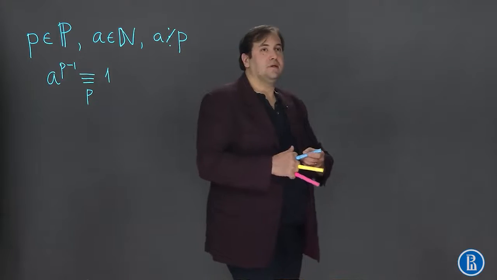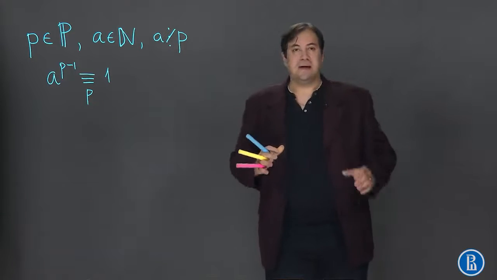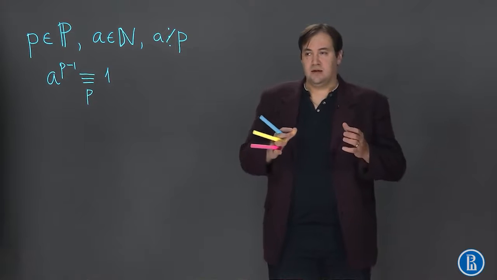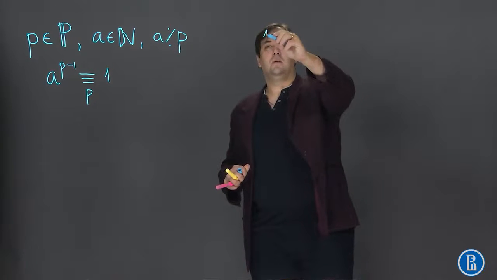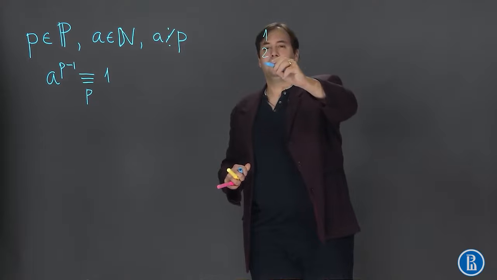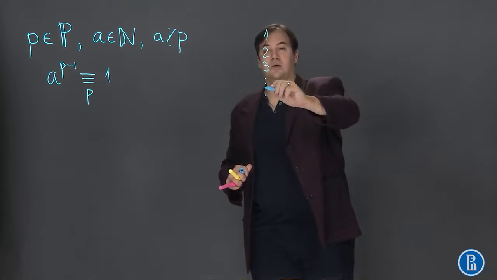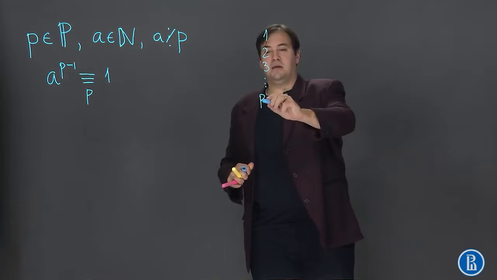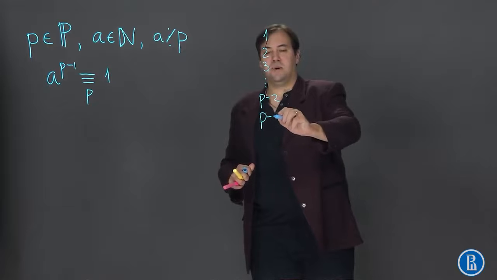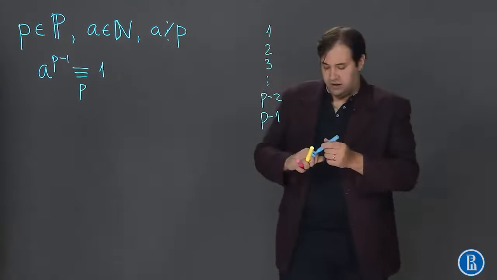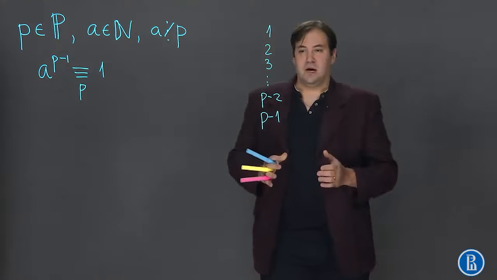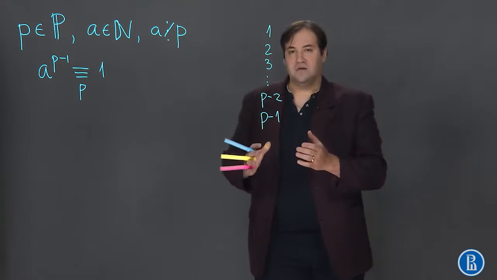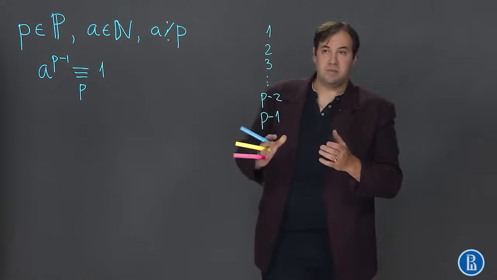For this purpose, we will consider all remainders modulo p except for 0. Well, just write them down: 1, 2, 3, and so on, p minus 2, p minus 1. So we know that all these numbers are remainders, and all of them are mutually prime with p.